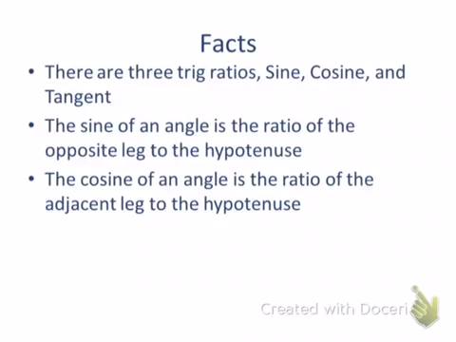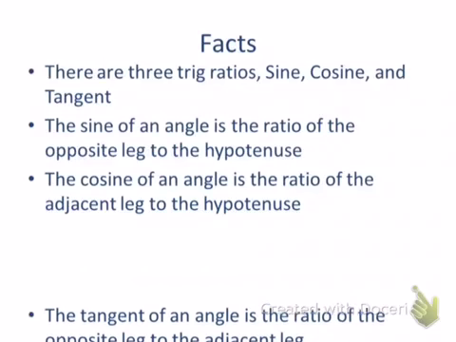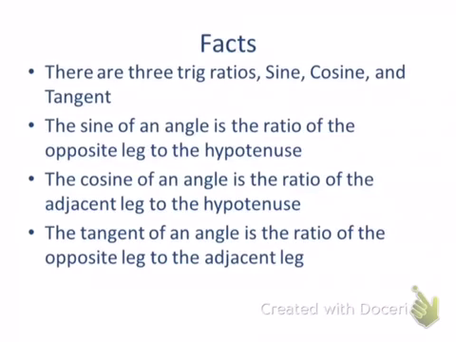Okay, and the third trig ratio, the tangent of an angle, is the ratio of the opposite leg to the adjacent leg. Okay, so the sine of an angle is the opposite over the hypotenuse. The cosine is the adjacent leg over the hypotenuse.